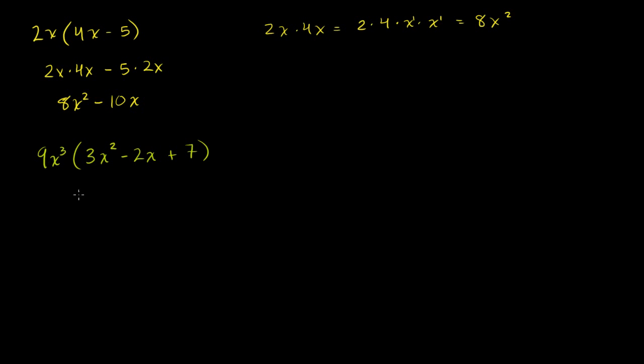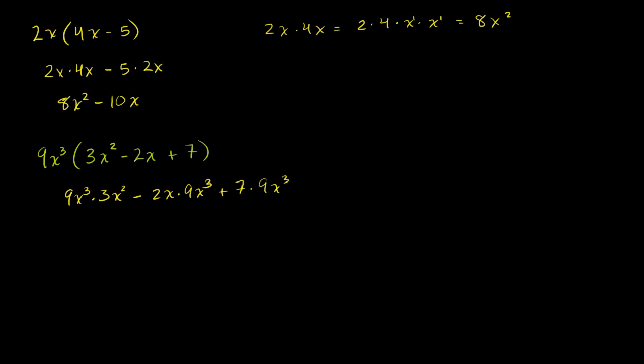I'll write it out this time. In the next few, I'll start doing it a little bit in our heads. So this is going to be 9x to the third times 3x squared, and then minus 2x times 9x to the third, and then plus 7 times 9x to the third.